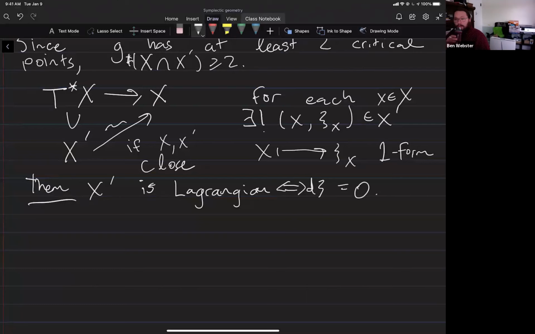I see. Interesting. Thank you. And the reason is that if I take the canonical symplectic form on the cotangent bundle and restrict that to X prime, then that is the two form dC, identifying X prime and X. So it's going to vanish if and only if the one form is closed.